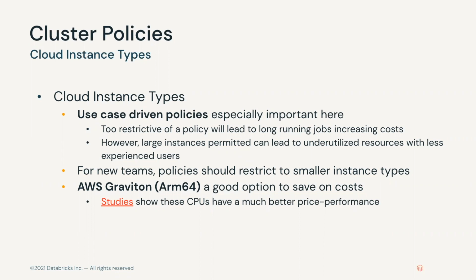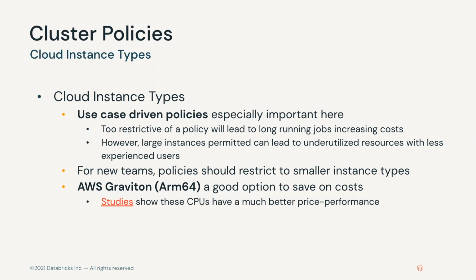And just one shout out here, AWS Graviton is a great option to actually lower those costs where, as I mentioned earlier, DBUs are one aspect of what you'll be billed for from Databricks, but also the VMs that you're using in the cloud provider will be part of your bill.